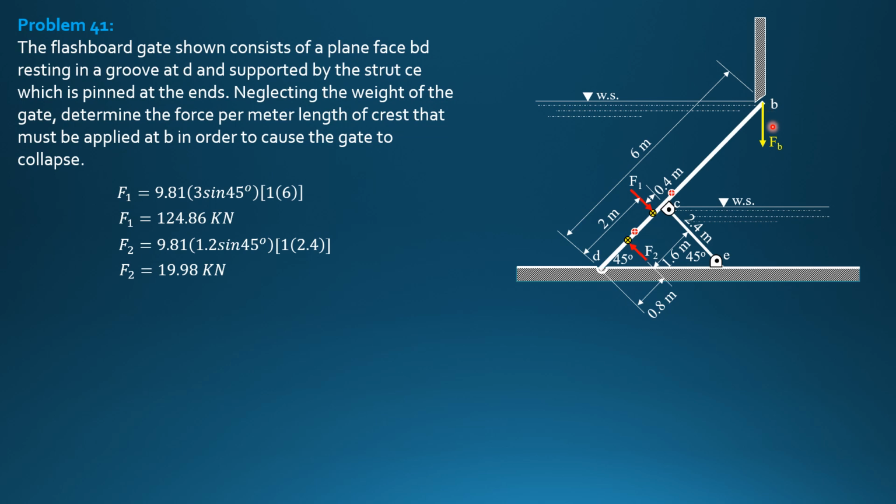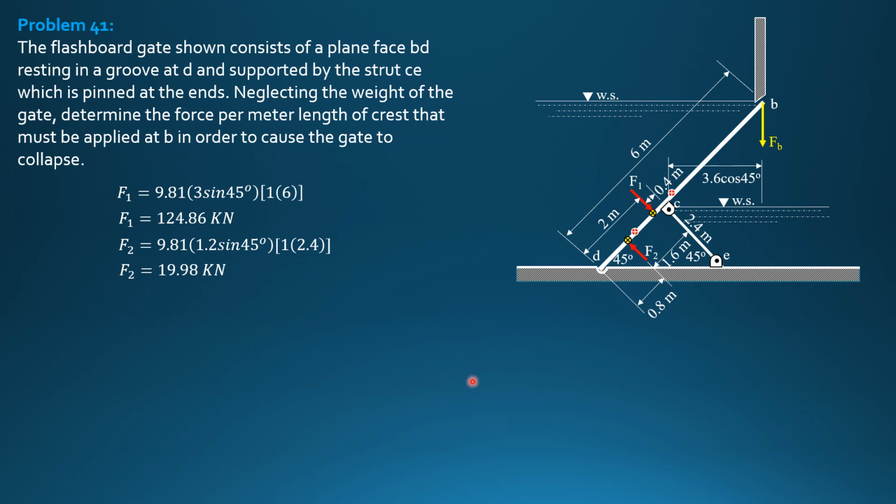For FB in kilonewtons per meter times 1 meter, the total length of the gate is 6 and CD is 2.4, so 6 minus 2.4 is 3.6, the distance BC. So the moment arm is 3.6 cosine 45, because this is 45 degrees.